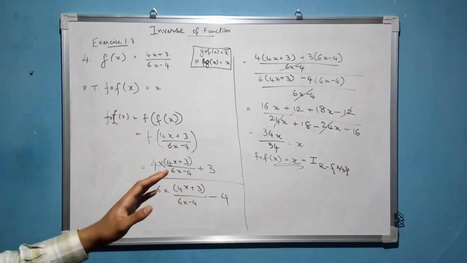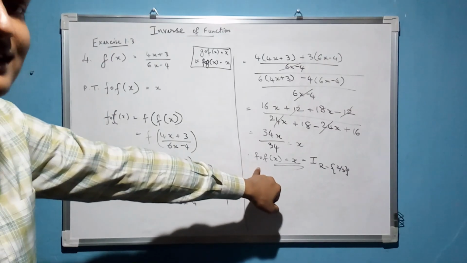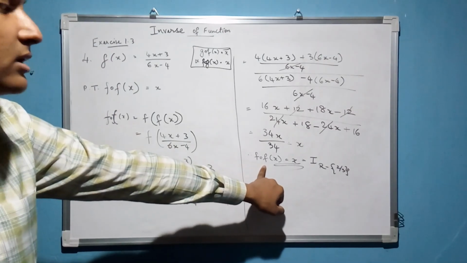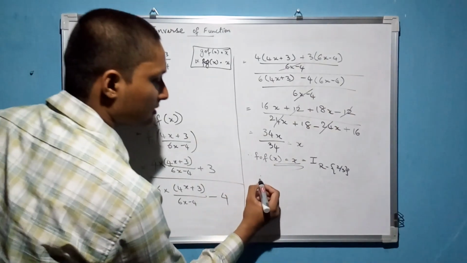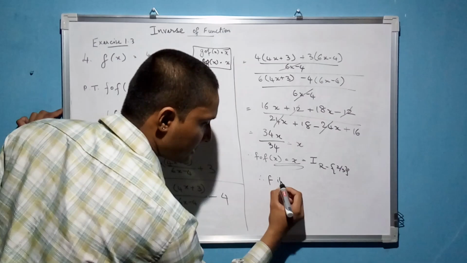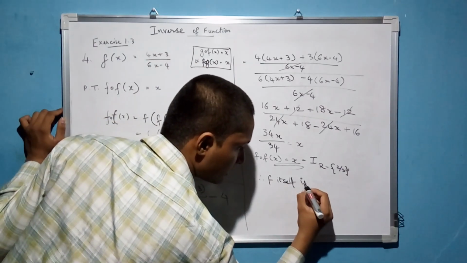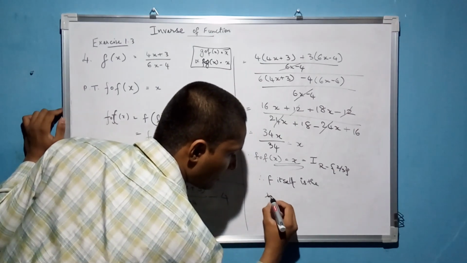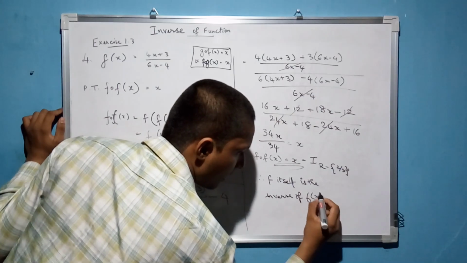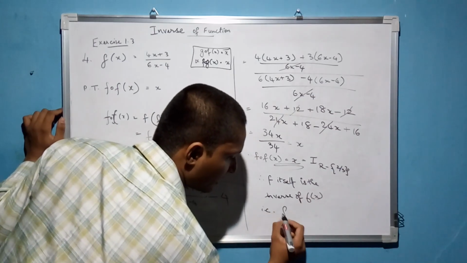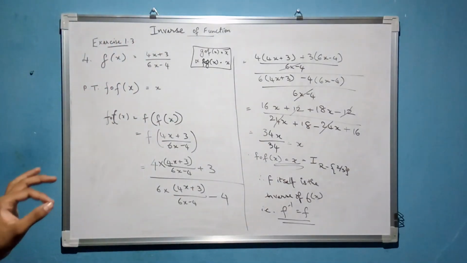So this is the same thing. So we can conclude that f itself is the inverse of f. So f of f becomes x, right? Therefore f itself is the inverse of f of x. That is, f inverse is equal to f. That's what you are going to conclude here.